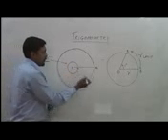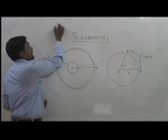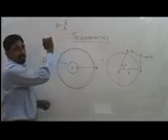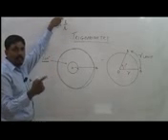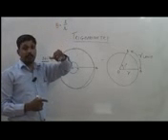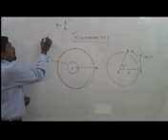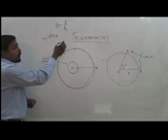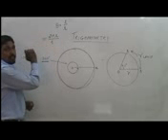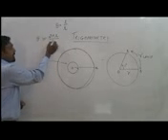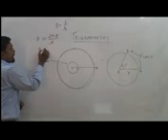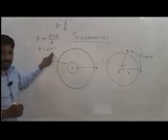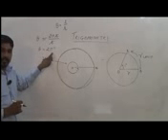But in the same way, when we use the relation theta equals L upon R, a complete revolution means the circumference of the circle, and the circumference of the circle is given by 2 pi r. Then theta is 2 pi radian. In that case, theta is 2 pi radian.